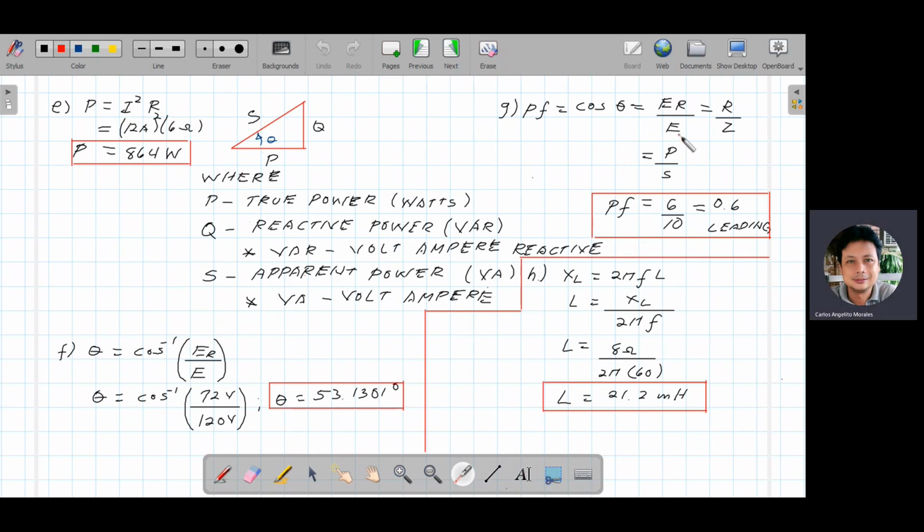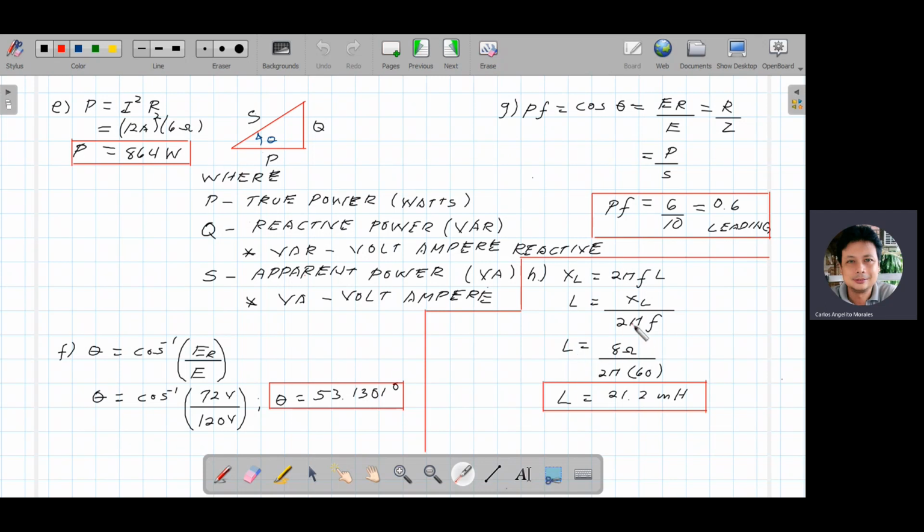Power factor is cosine theta, ER over E, R over Z equals P over S. Power factor is 6 over 10, nakakuha tayo ng 0.6 lagging. Power factor is cosine. No? Lahat ng cosine dun sa triangle na pwede mong gamitin, gawin mo. No? The voltage triangle, impedance triangle, or power triangle, meron din.